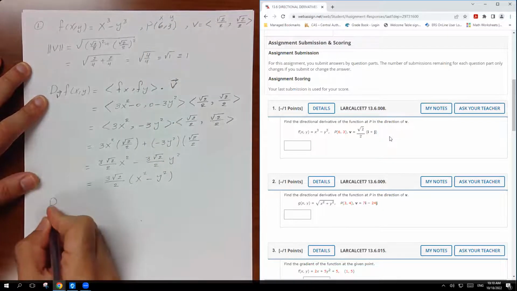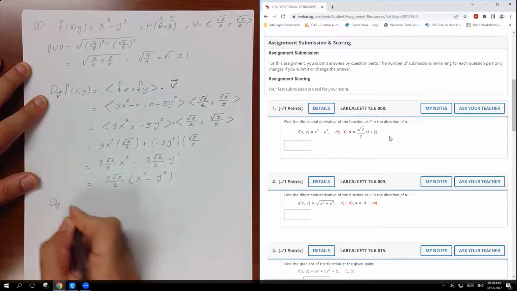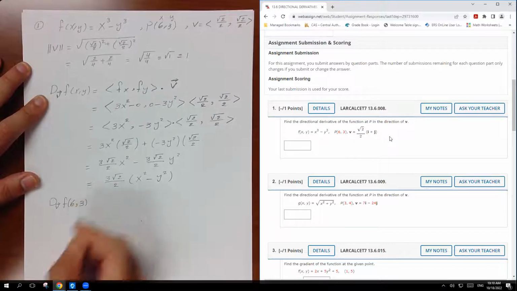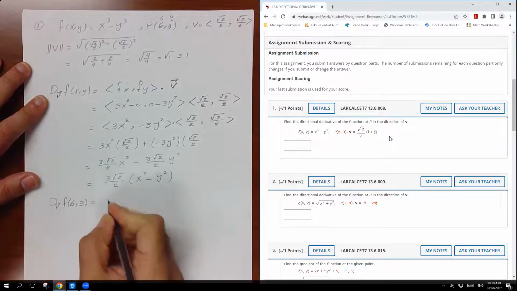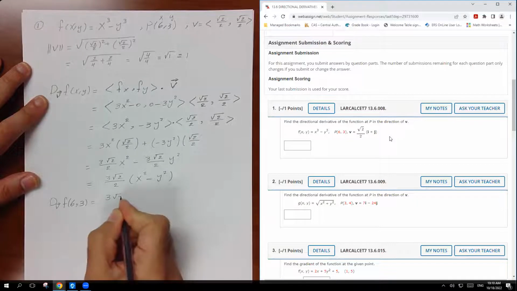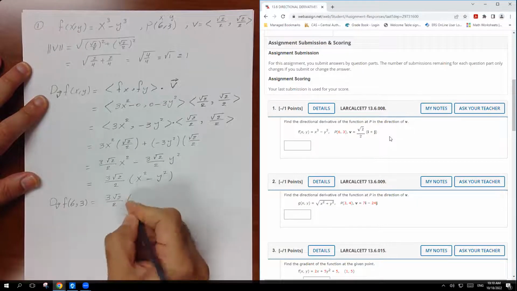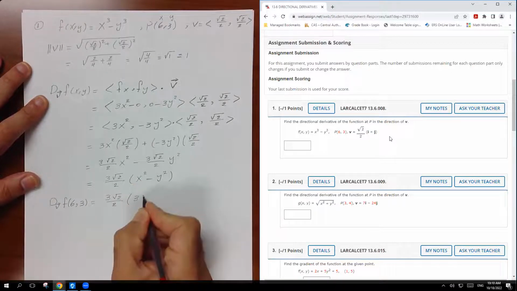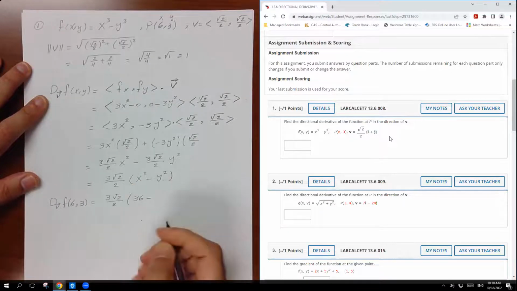So the directional derivative in the direction of the vector v of f at the point (6, 3) is going to be 3 square root of 2 divided by 2. And here is going to be x squared, that means 36, minus y squared.